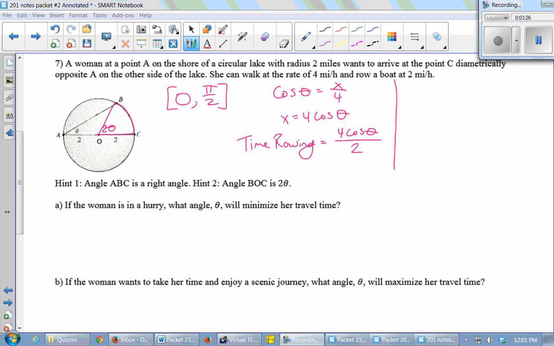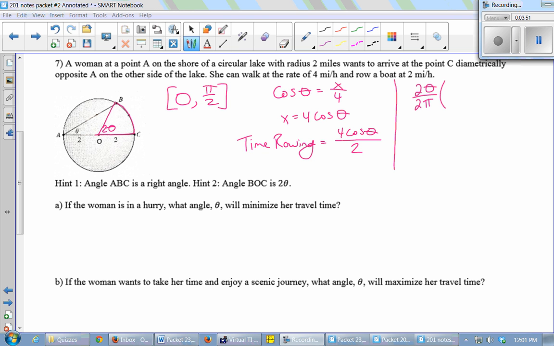The whole pie is 2 pi, and we have 2 theta of it. So 2 theta out of 2 pi. So the angle of our slice compared to the entire circle, which is 2 pi radians. So that fraction of the circumference is the arc BC.